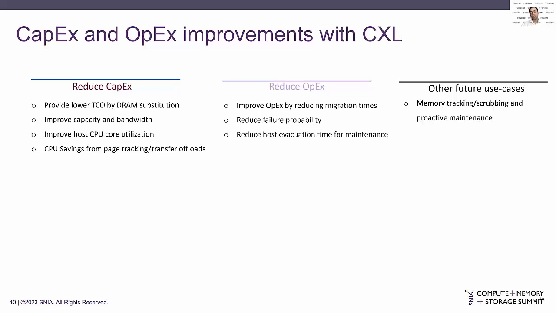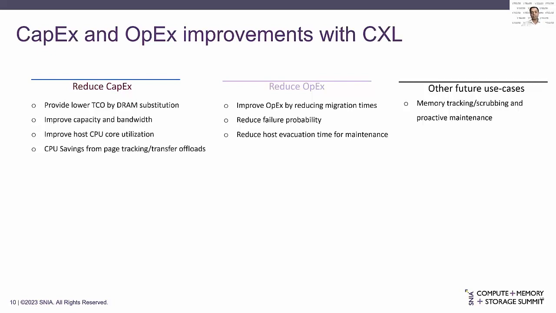And even things like maintenance: customers have to evacuate a full host, which has terabytes of memory. CXL can help track the pages, help track active workloads, and make this granular in such a way that migrations can happen much faster.